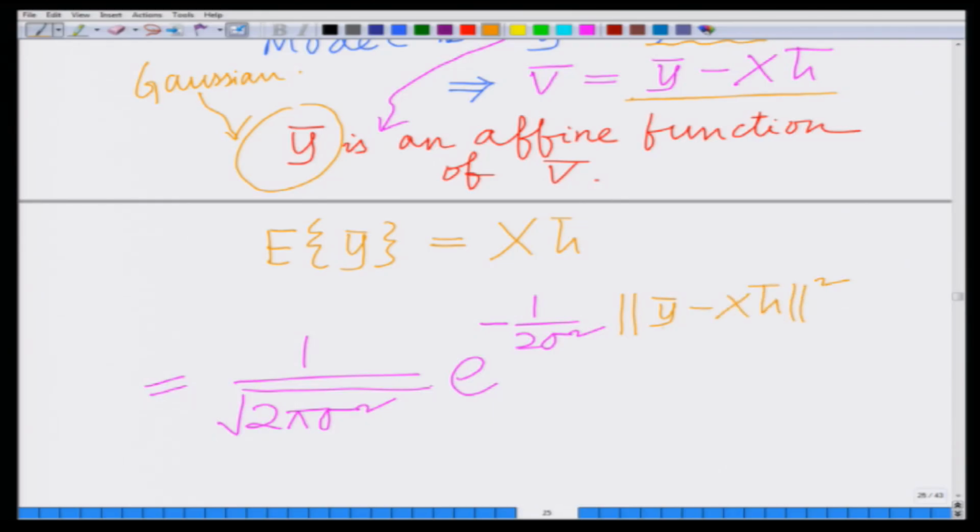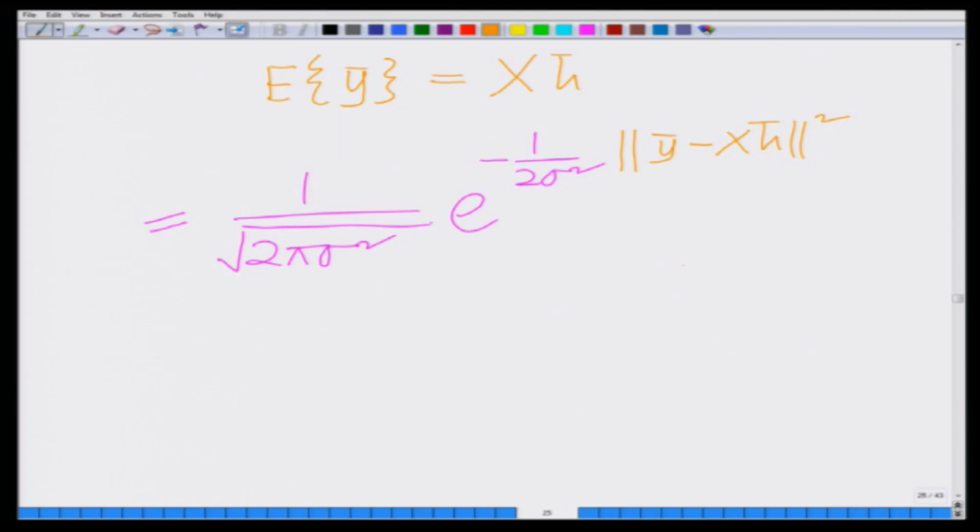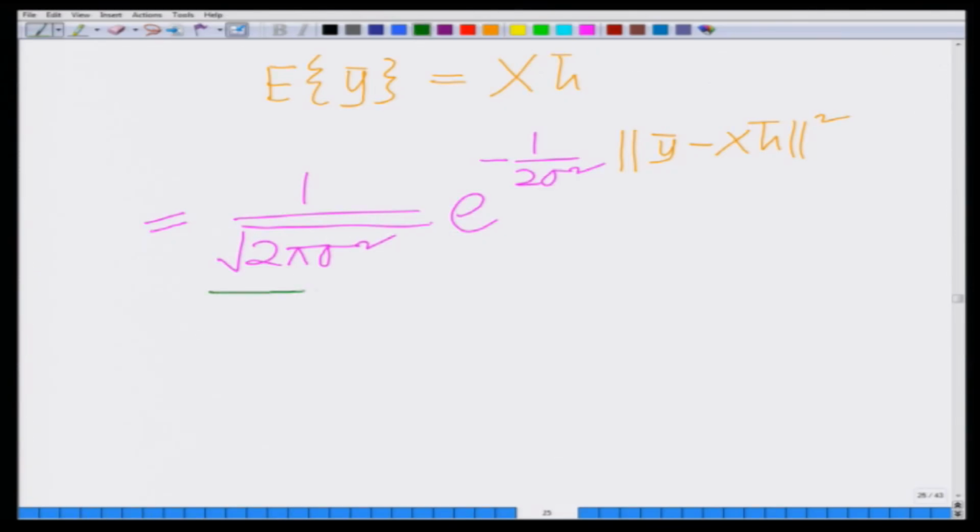This basically says Y bar is a Gaussian with mean x h bar. Now remember, this is the probability density function, but when I view it as a function of the unknown parameter vector h bar, this is now the likelihood function for the parameter vector h bar.